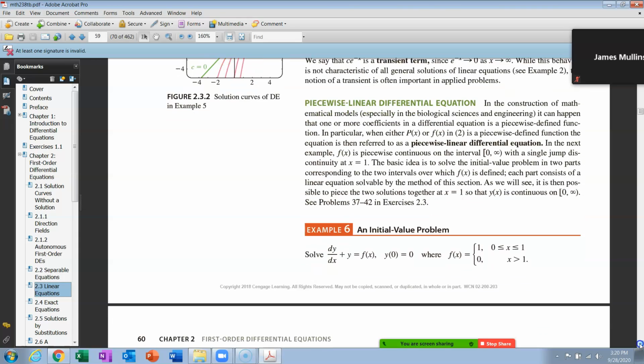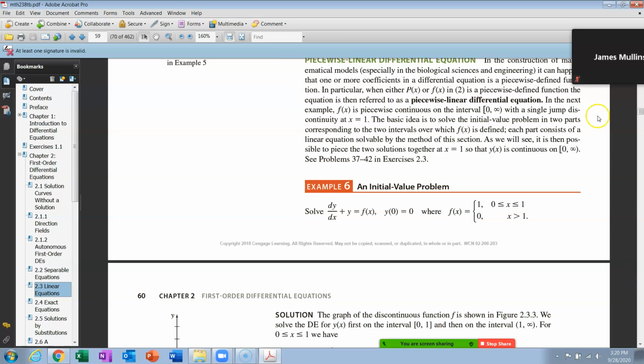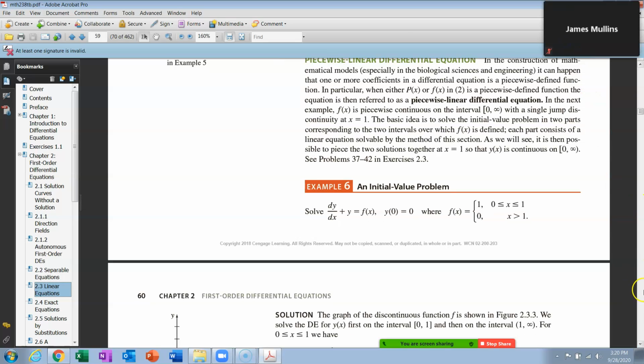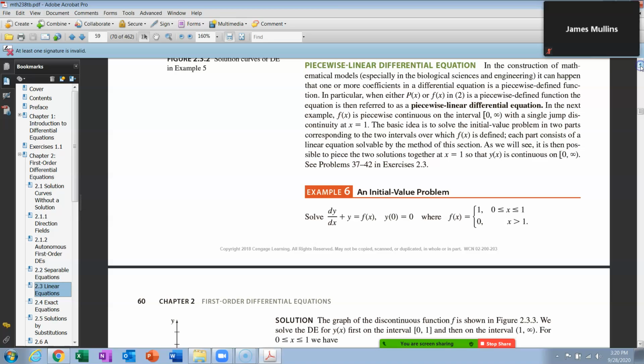Next thing we're going to do is a piecewise linear differential equation. Now, this has some potential problems in it, but in the construction of mathematical models, especially if you're in the biosciences, engineering, it can happen that one or more of your coefficients in a differential equation is not just a simple function, but a piecewise defined function.